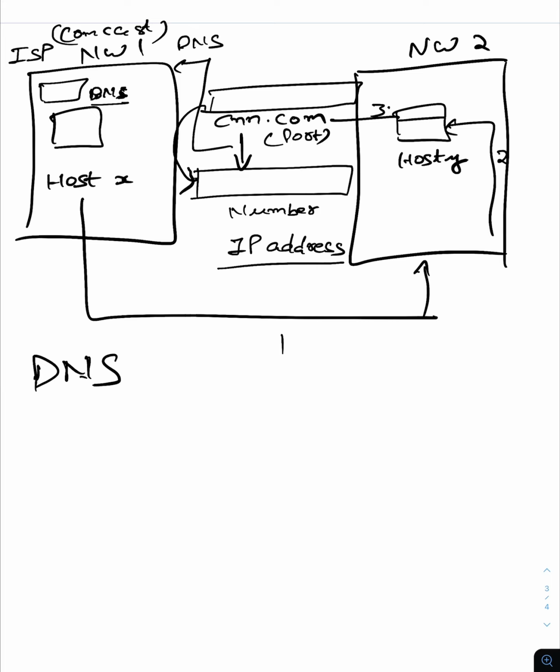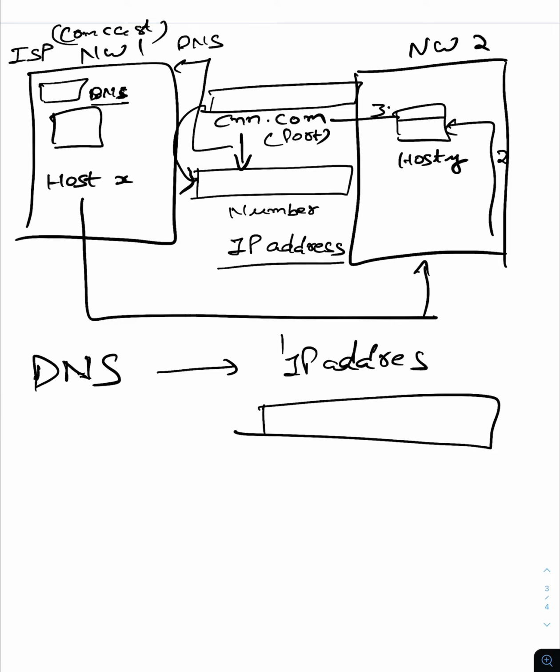Whenever your computer requests something, it changes that particular request into an IP address, which is a sequence of numbers, and using the IP address it finds the address of the particular host with the port number in the different network.